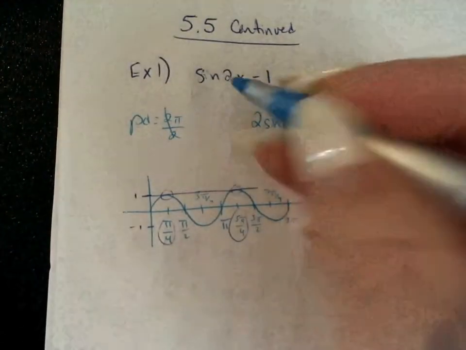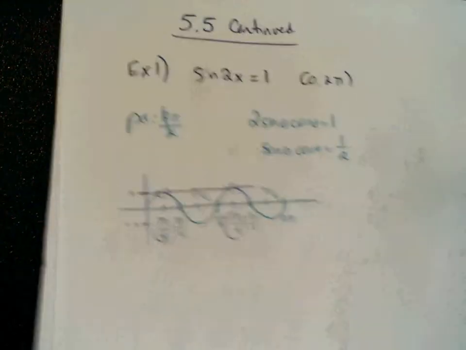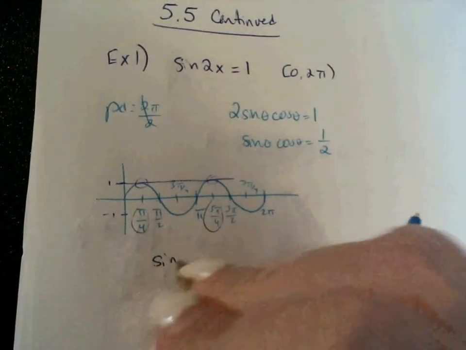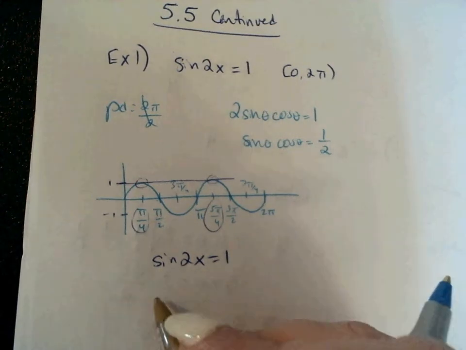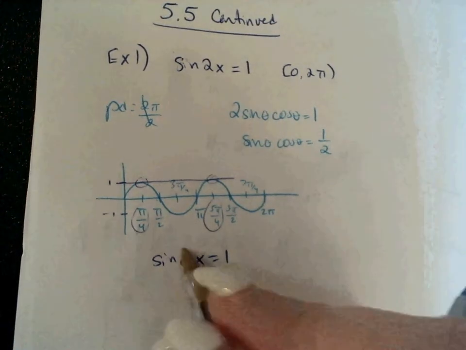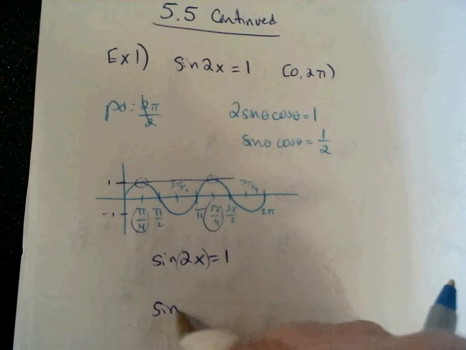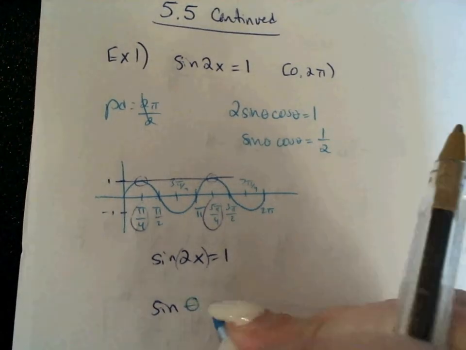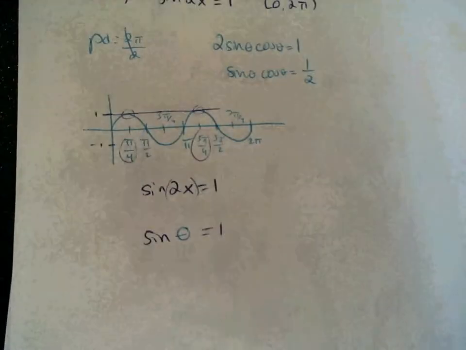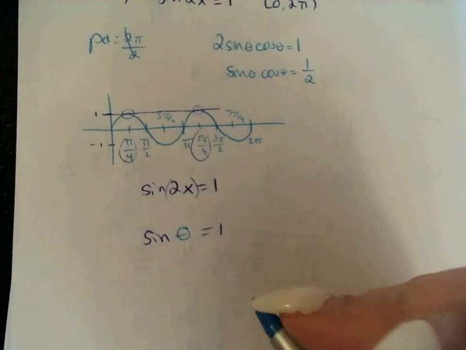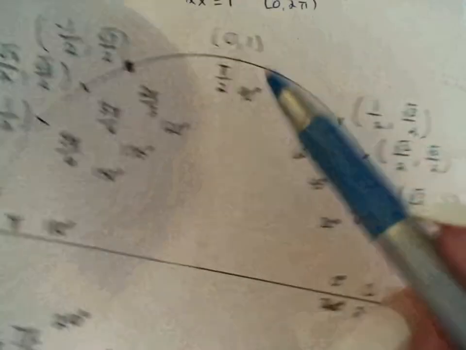Sine of 2 theta, or sine of 2x, equals 1. Instead of thinking of it as sine of 2x, I'm going to think of it as sine of theta equals 1. So the question is, for what angles does sine equal 1? Sine's a y value, at pi over 2.